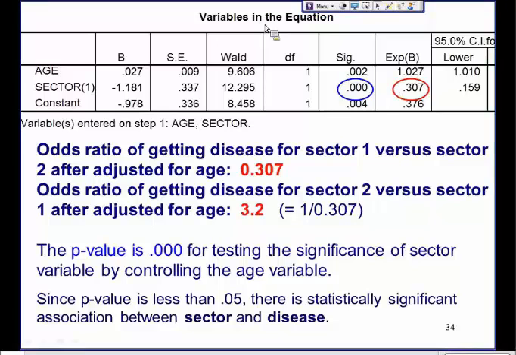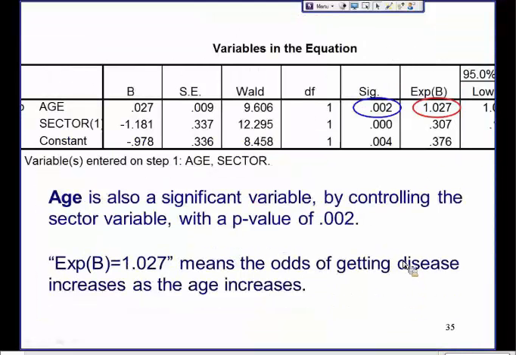But if you include the age variable in your model, then the variability due to age is adjusted for, or controlled. So that will make the comparison of the chance of getting disease between two sectors more meaningful or reasonable. Okay, hope this makes sense, right? That's a good thing about being able to take the regression approach.